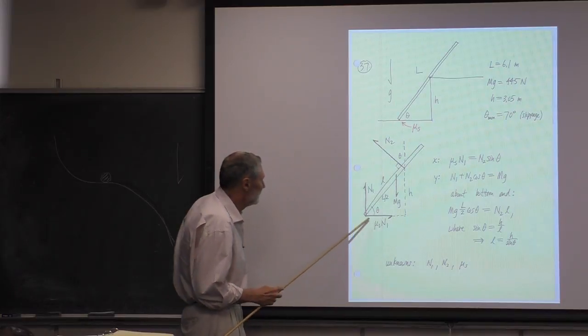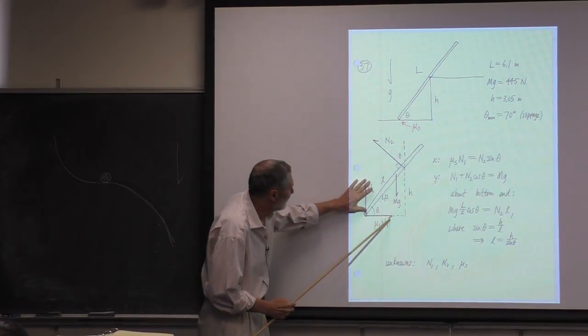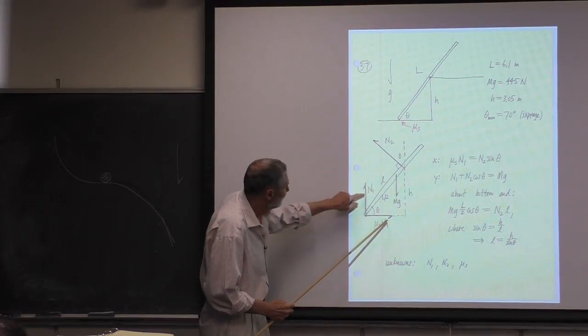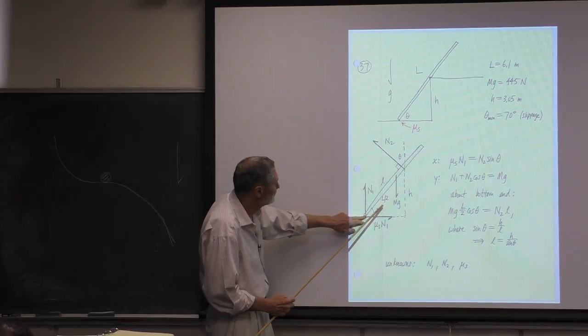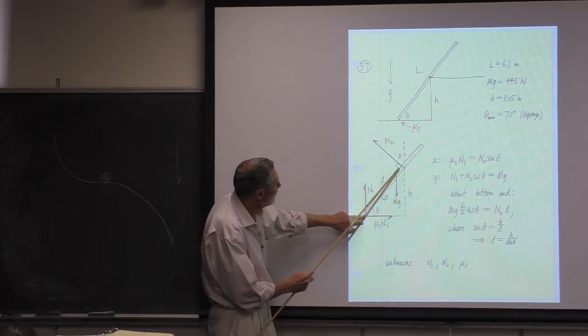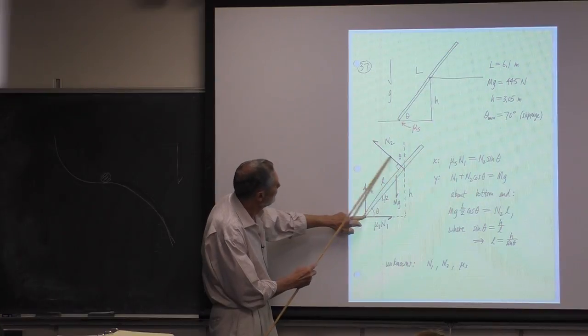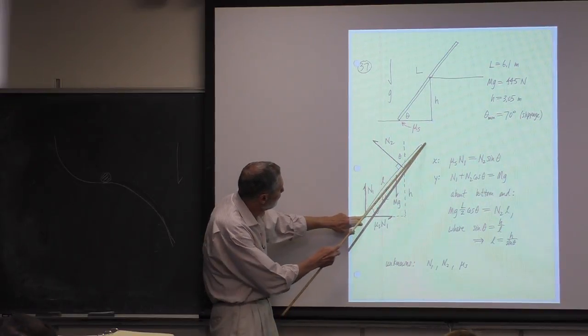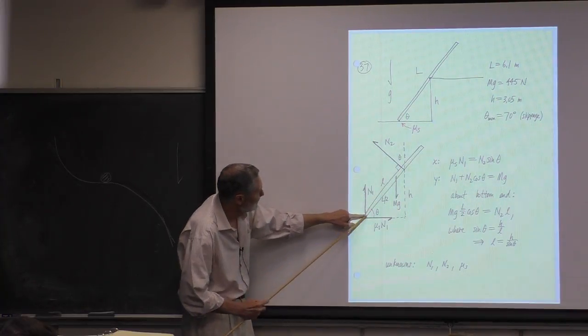So let's take this natural origin. I don't have to worry about the torque due to these two forces because there's no moment arm there. And what's the torque due to N2? N2 is perpendicular to the rod here, so the moment arm is just this distance.